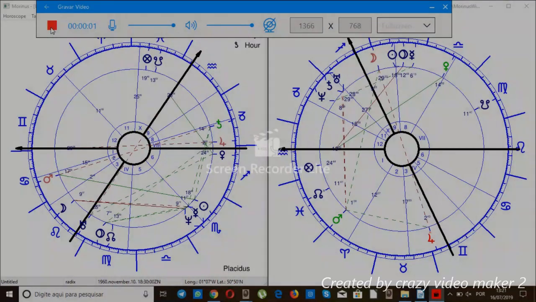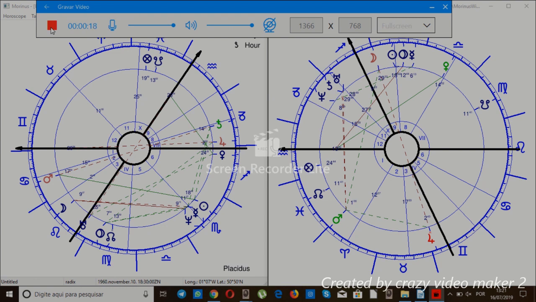Hello everyone. This is another video on Neil Gaiman's chart. I'm going to have a quick look at his solar return for when the Sandman was first published. I really mean a quick look.